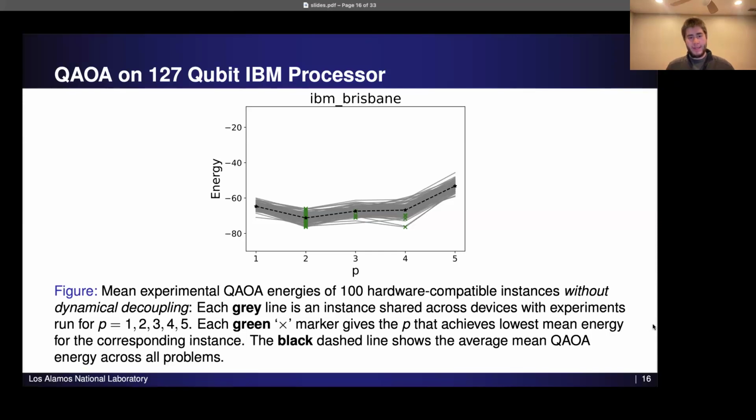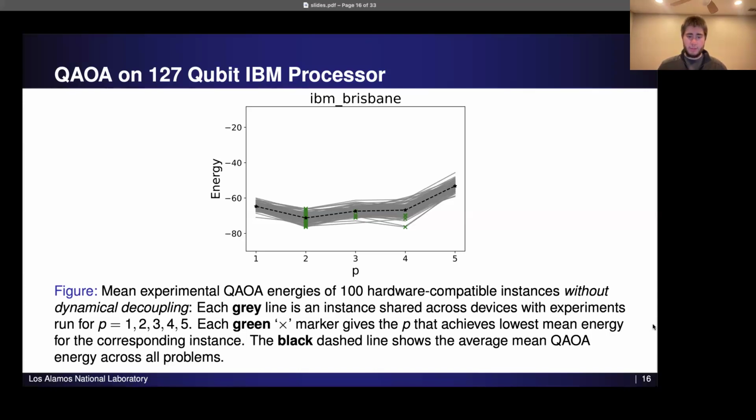Here, each gray line represents a single instance with experiments run for P = 1 up to 5. And these same instances were run on all of the IBM processors of this size. So I'll show more plots in a second. The dashed black line is showing what the mean behavior is across that ensemble of problem instances.